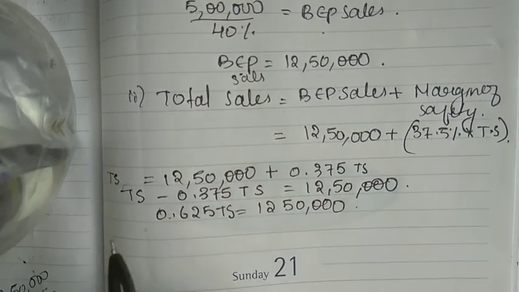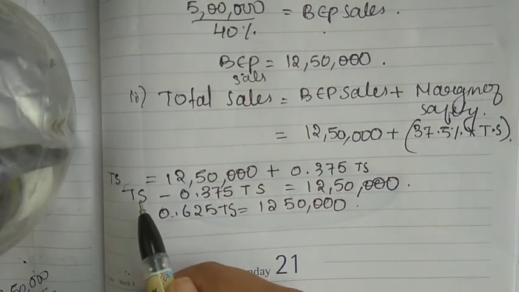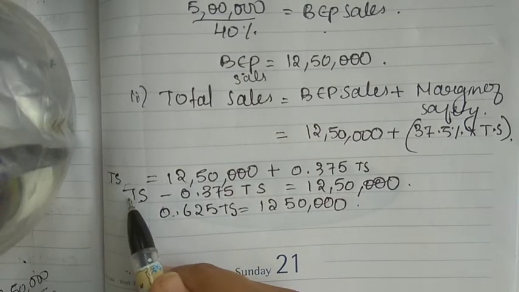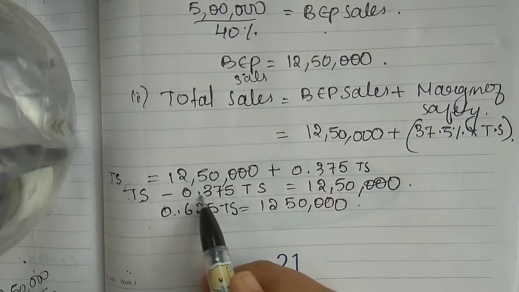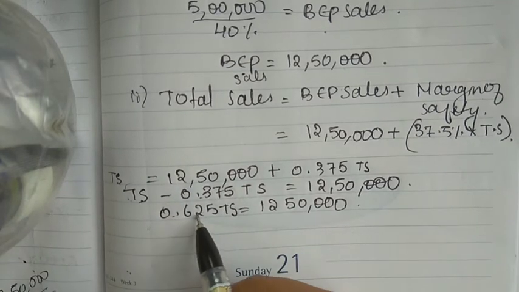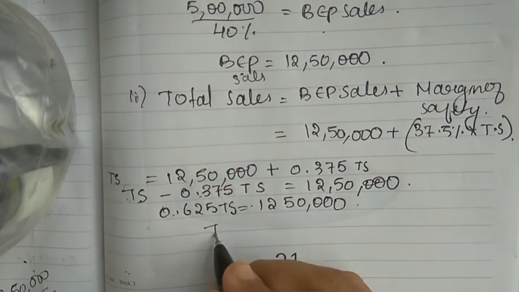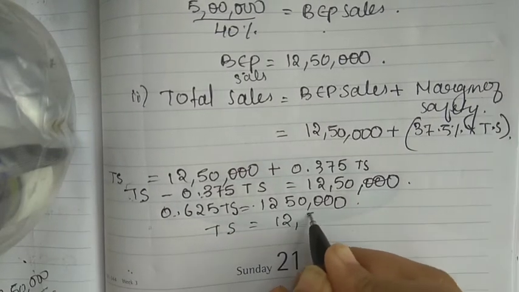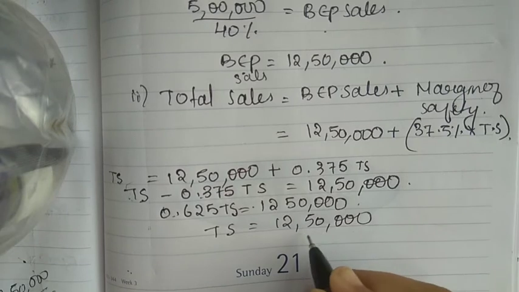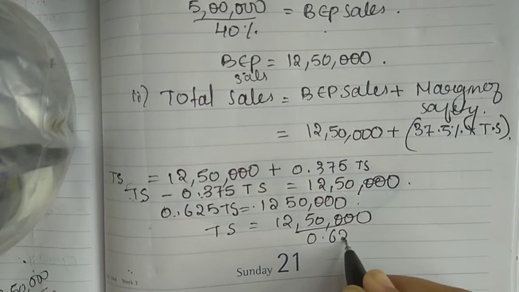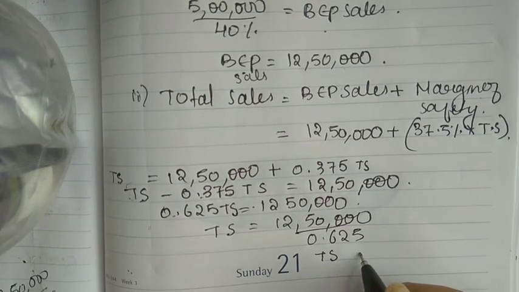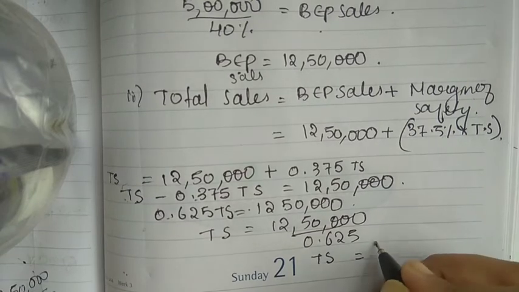Okay. So total sales, this is 1, no? 1 minus 0.375 will be 0.625. So 0.625 total sales is equal to 12,50,000. Total sales is equal to 12,50,000 divided by 0.625. So total sales is equal to 20 lakhs.